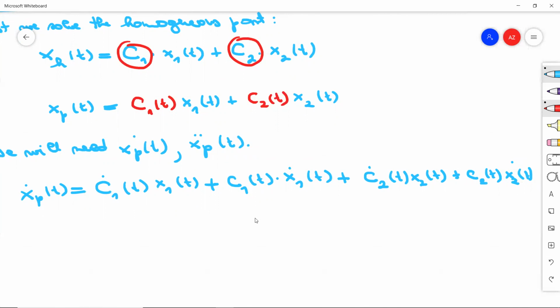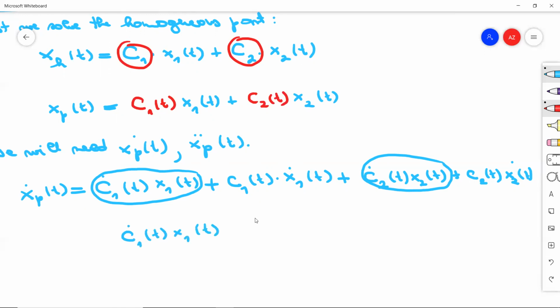That's why we can do another reduction: because we have 2 unknown functions, we can introduce a new equation, and we try to get rid of some terms in the first derivative. It turns out that if we take the derivatives of C1 and C2, this part and this part, and put their sum to be 0, the procedure works. So C1 prime of t x1 plus C2 prime of t x2 is 0.